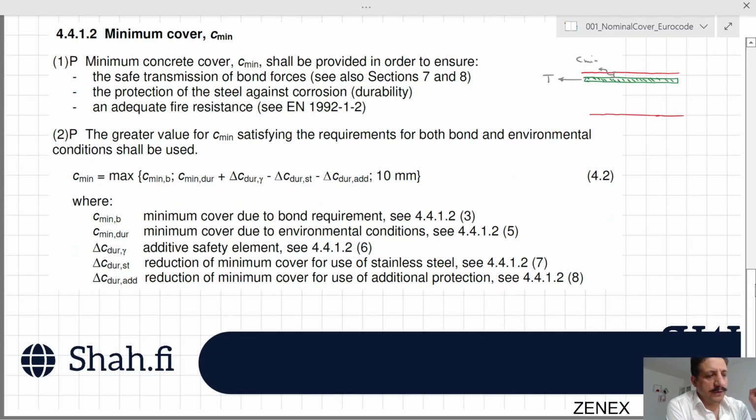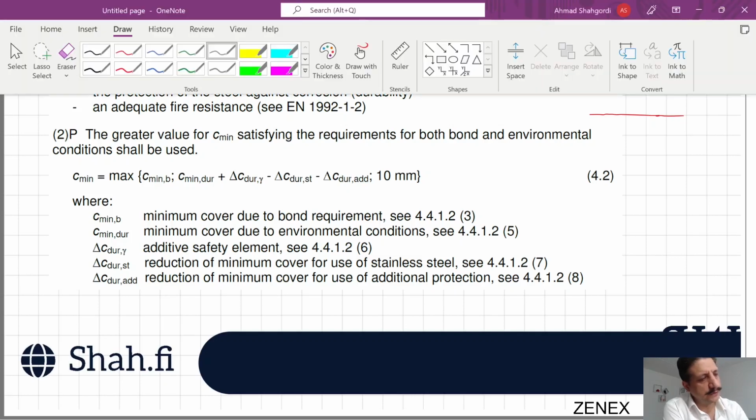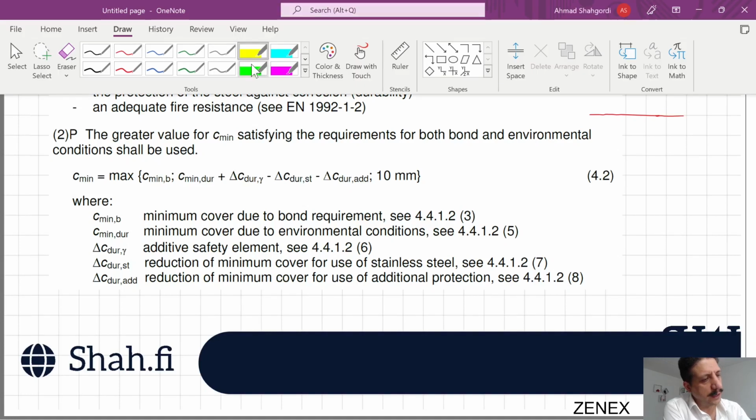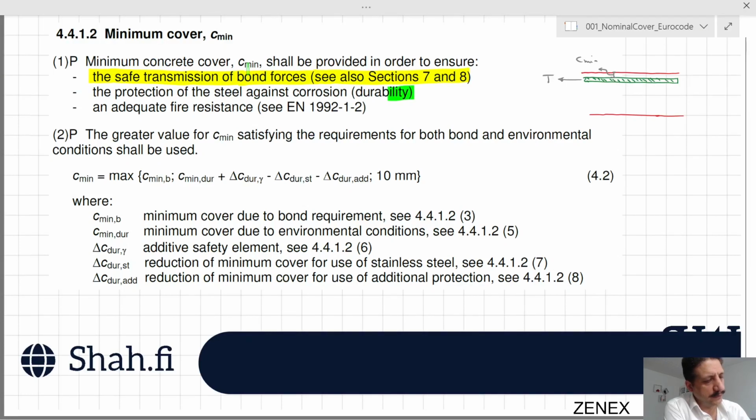The other case is the protection of the steel against corrosion, which is for durability. So two conditions: one for bond and also one for durability.